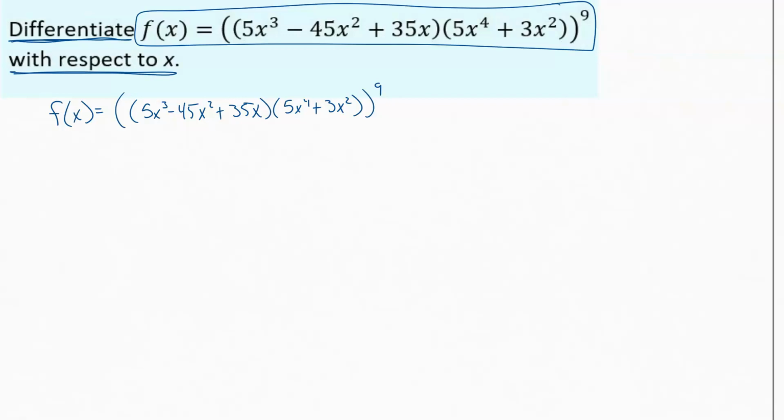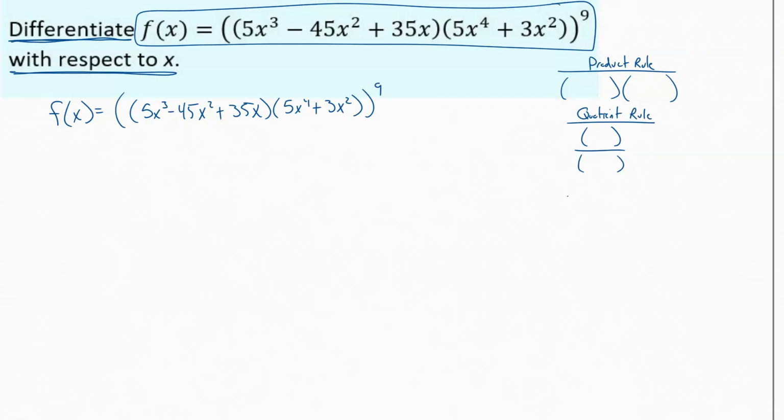So I always say squint your eyes and look at the problem. And when you squint your eyes, does it look like your main thing happening is you have two chunks being multiplied together? If that's what's going on, then the primary rule would be the product rule. When you squint your eyes, do you primarily see that you've got two chunks being divided? Well, then you need to use the quotient rule as your primary rule.